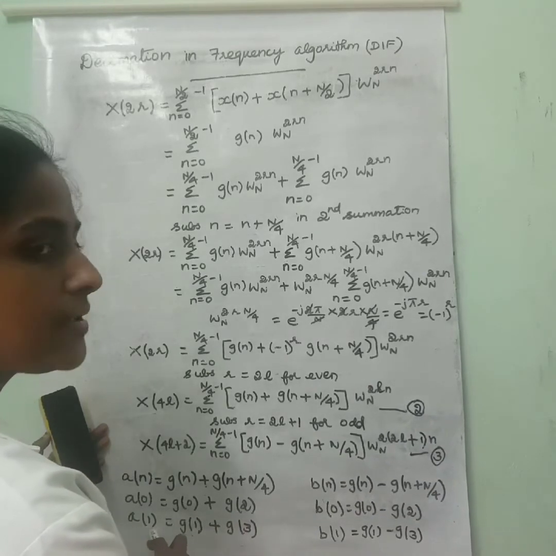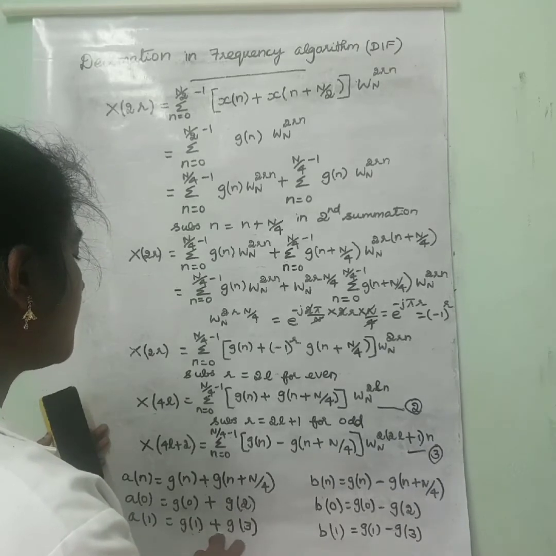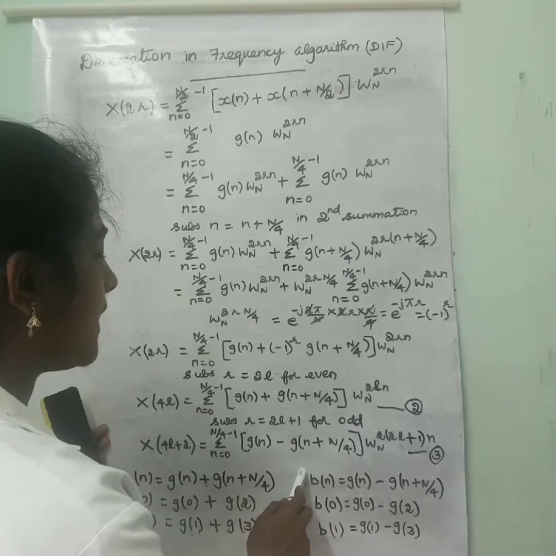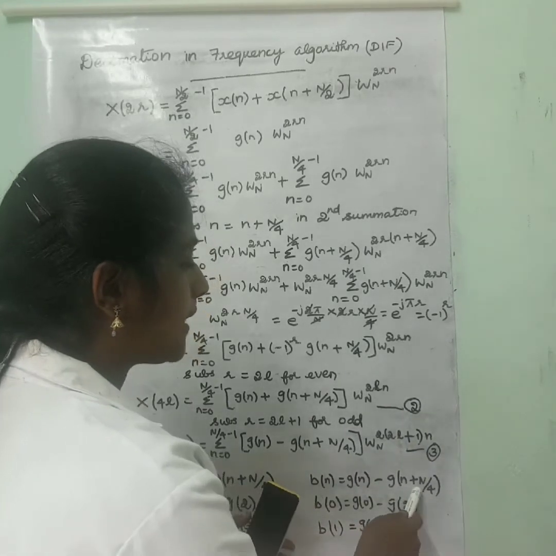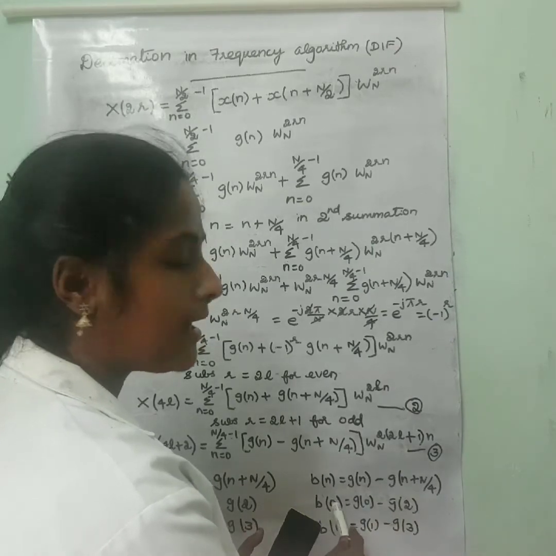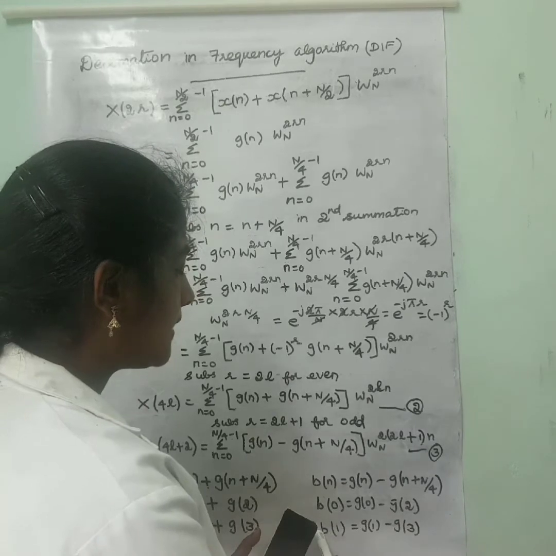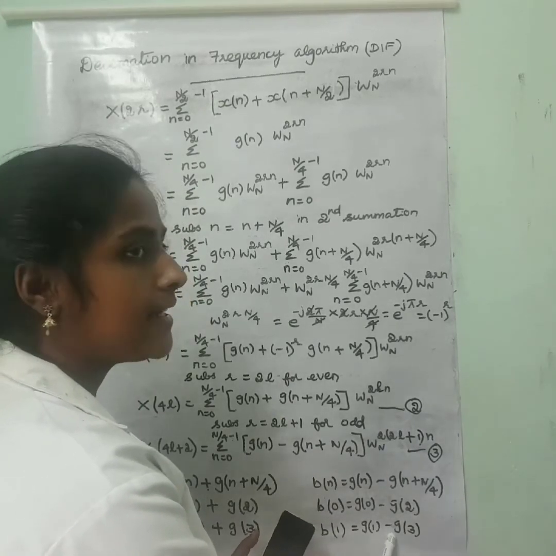Next, when n is equal to 1, a of 1 is equal to g of 1 plus g of 3. Then you can take this term as b of n, that is b of n is equal to g of n minus g of n plus N by 4. So b of 0 equal to g of 0 minus g of 2, and when n is equal to 1, b of 1 is equal to g of 1 minus g of 3.